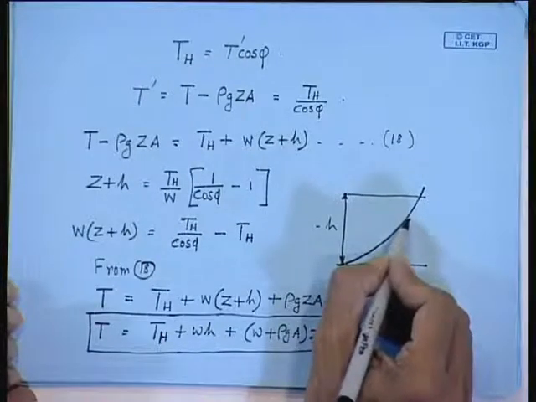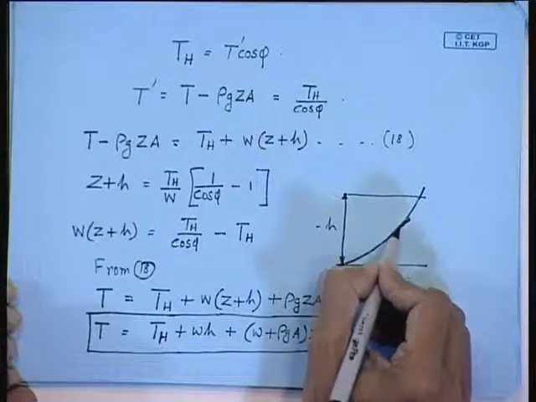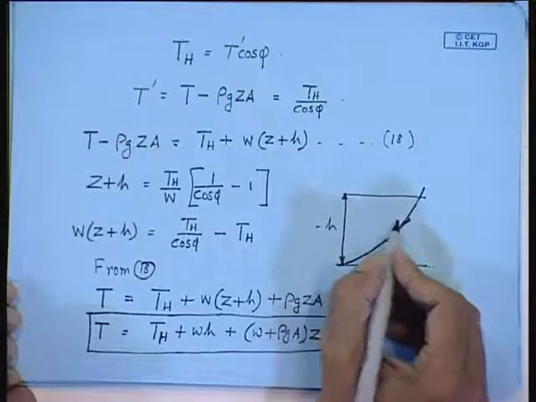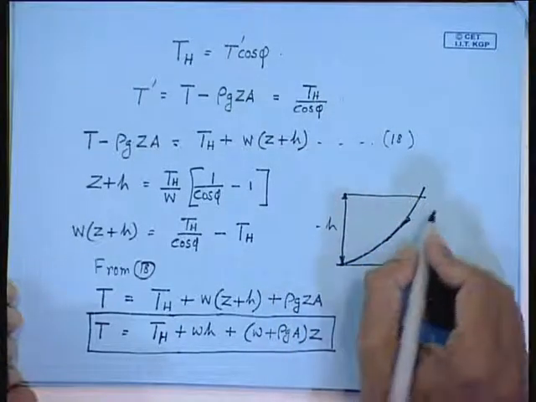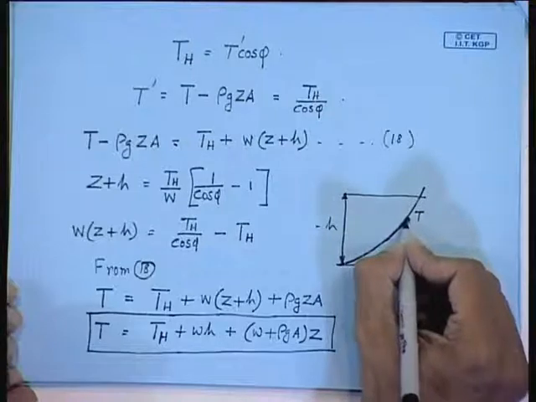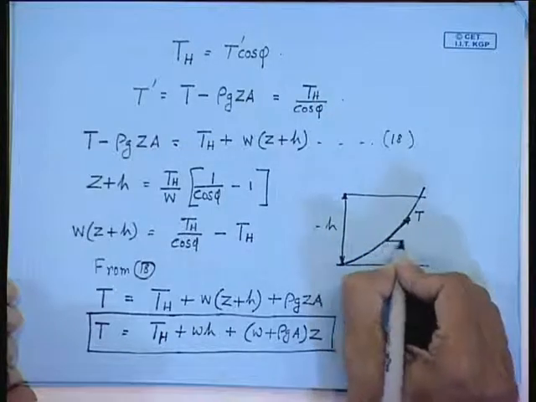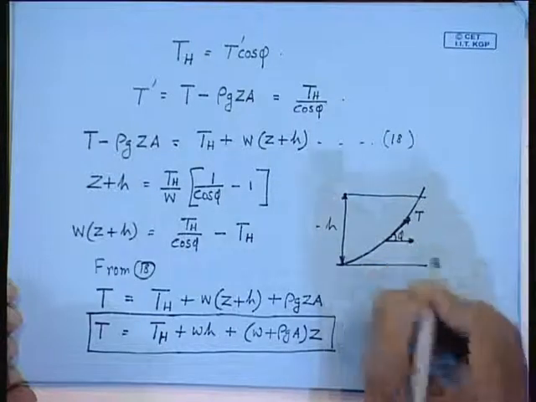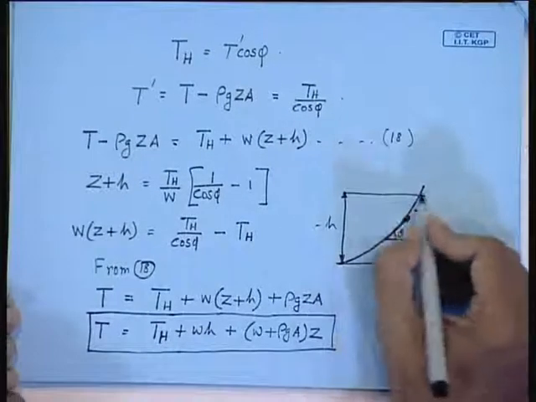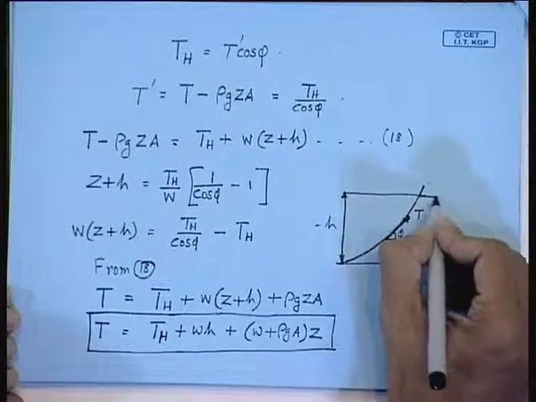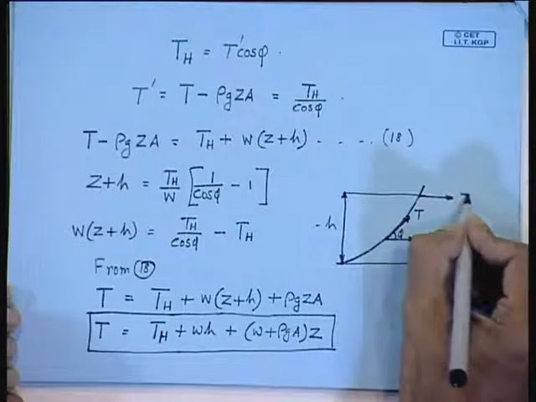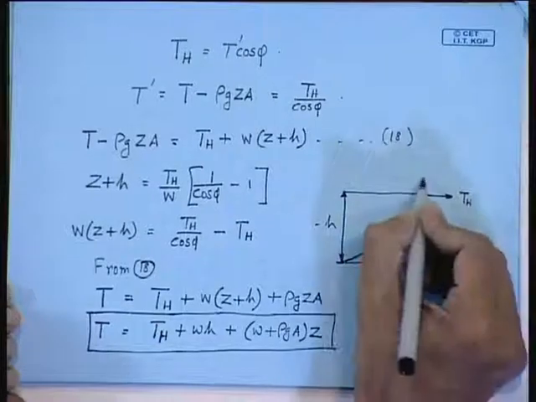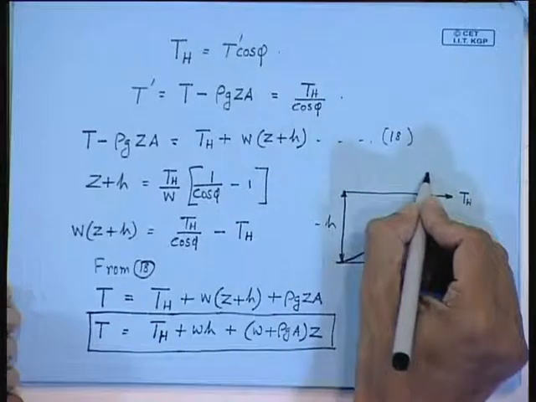So you take a tangent at this point and this is your T. Say this is your angle phi, forward, and this is your T_H. Now what is this?